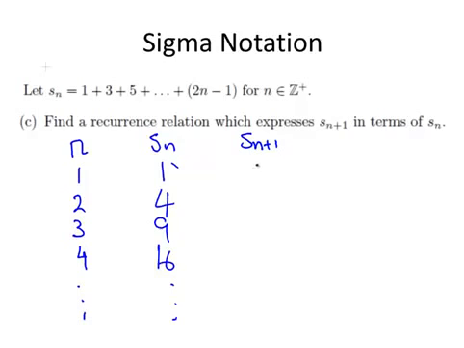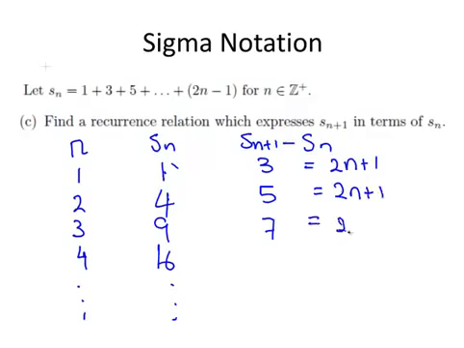So what's the difference between this one and this one? This is equal to S of n plus 1 minus S of n. That's equal to 3, 5, 7, and so on. And in each case, that is equal to 2n plus 1, where n in this case is 1, n in this case is 2, n in this case is 3, and so on.